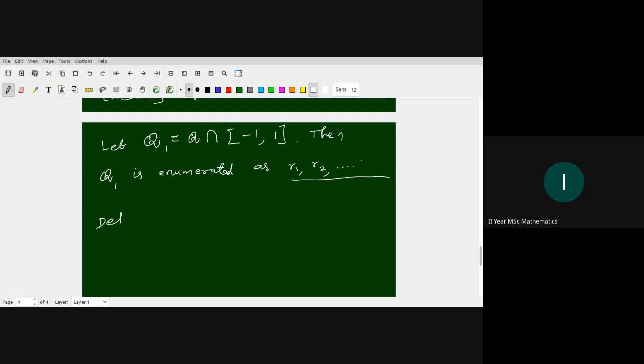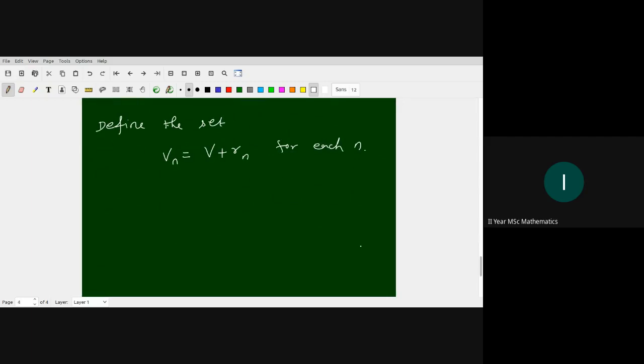Now define the set Vn equal to V plus Rn for each n, a translate of V. We add Rn to each element of V to form Vn.